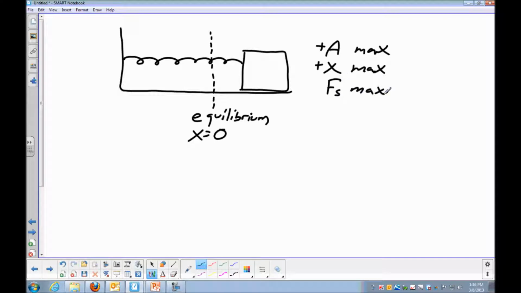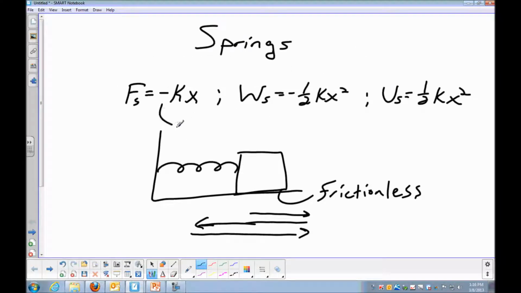But you have to remember that in Hooke's law, the spring force has a negative sign in it, which means it's opposite in direction to the displacement.